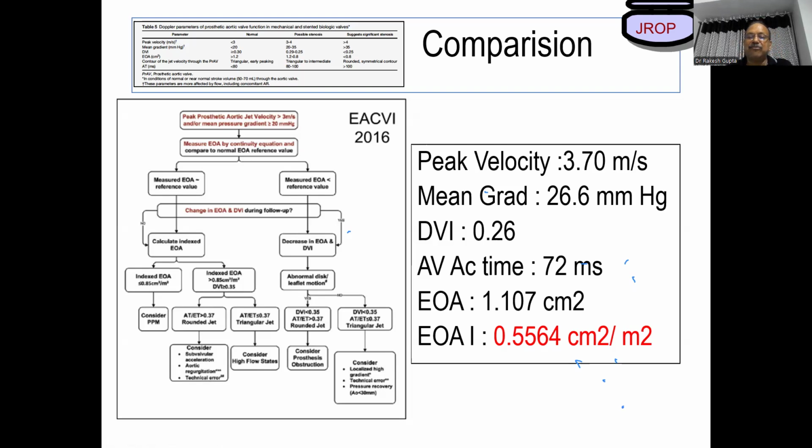So we have to have an algorithm consisting of all these 6 parameters together to say whether the patient has PPM or not. At least in my practice, whenever I suspect PPM, that subset of the population were obese, and when I looked at the valve, if it has been implanted with a size of 19, 20 or 21 millimeter, the majority of them are a lower size of valve.